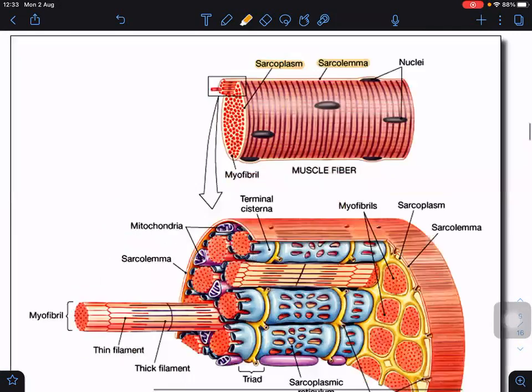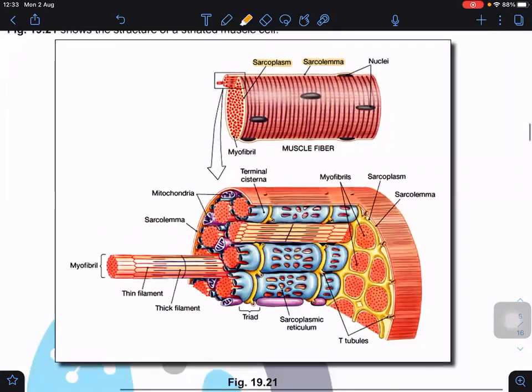This sarcolemma is not continuous because it has pores or perforations connected to the T tubule. And this T tubule will go down and associate with the sarcoplasmic reticulum, which acts as the calcium ion storage.